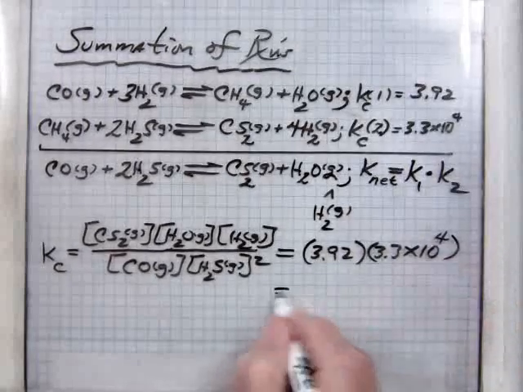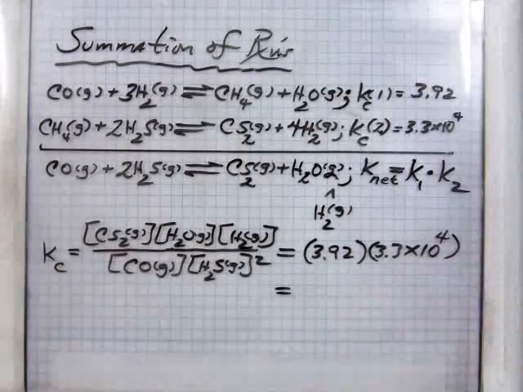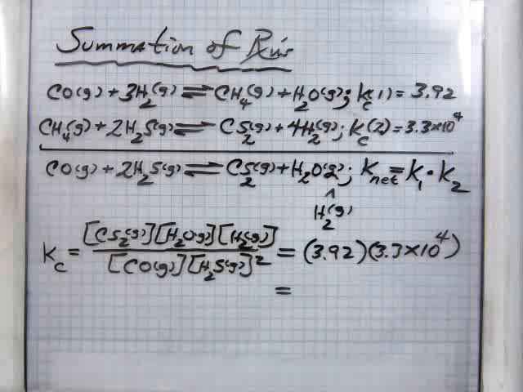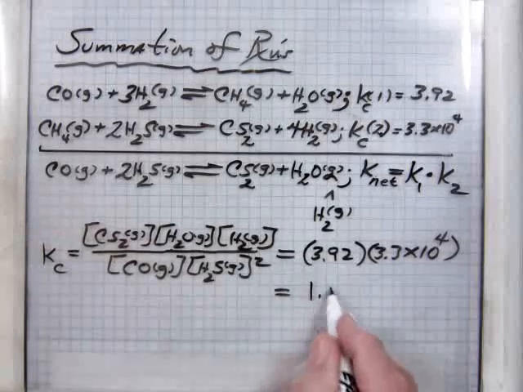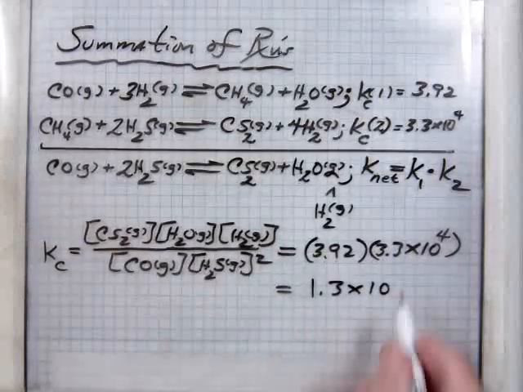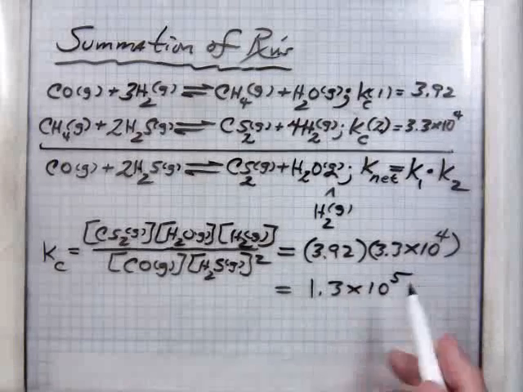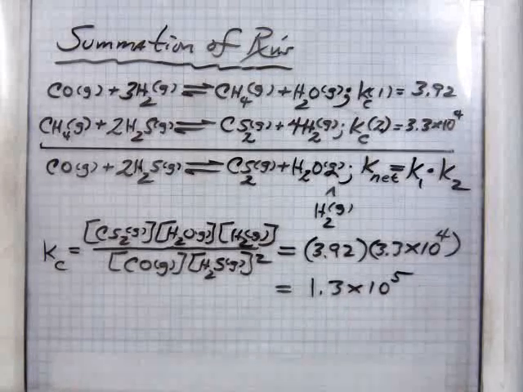And you'll see this pop up in several problems as we get deeper into the chapters. And this comes out to be 1.3 times 10 to the fifth. So the reaction outcome is very efficient as a scrubber reaction for this application.